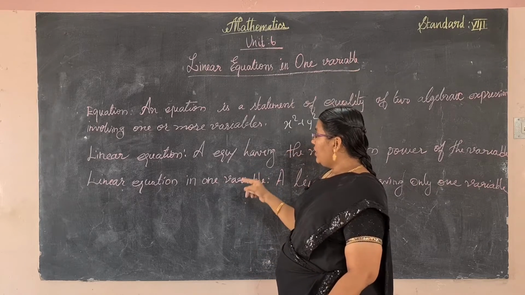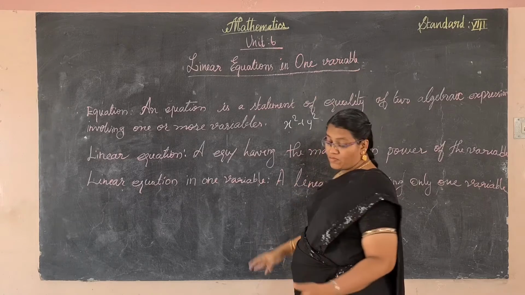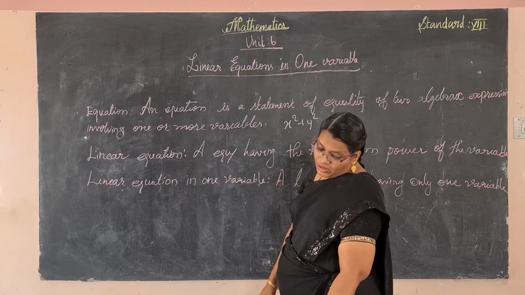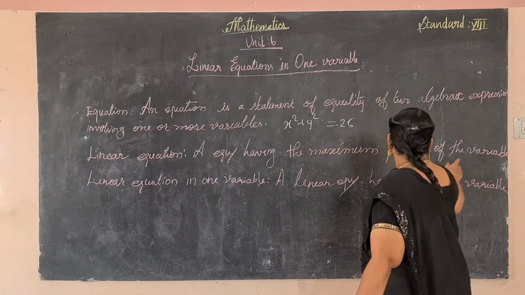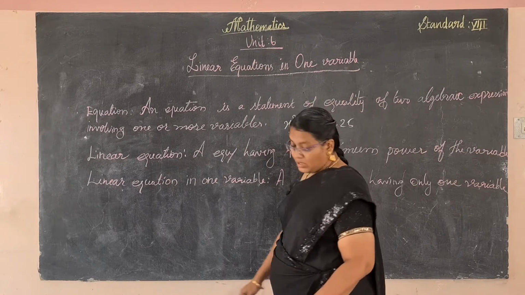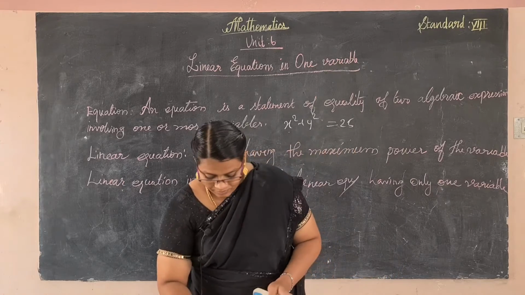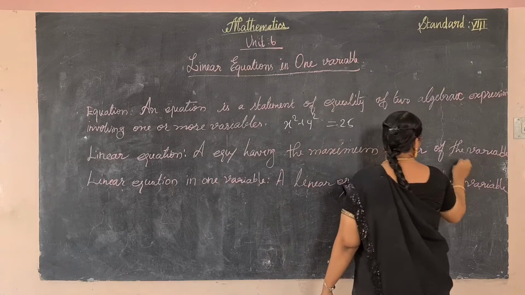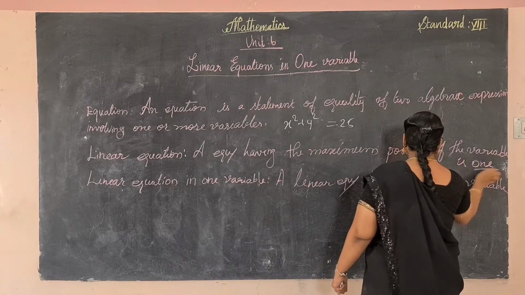A linear equation is an equation in which the maximum power of the variable is 1. So linear means 1.